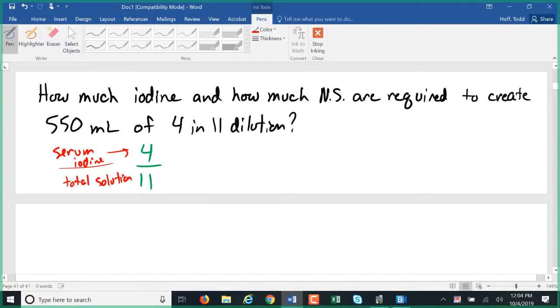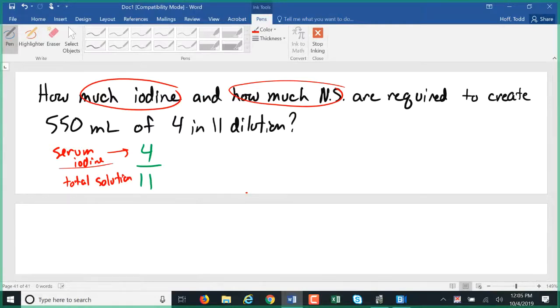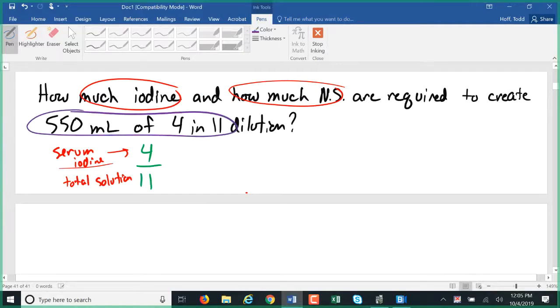Now what we want here is the iodine, the serum, and the saline. Unfortunately, the only amount we are given is 550 milliliters of the dilution. That is the total solution. So we have to keep the total solution in our ratio here, so we keep the 4 and 11. The 550 milliliters goes on the bottom, so that is our total solution.